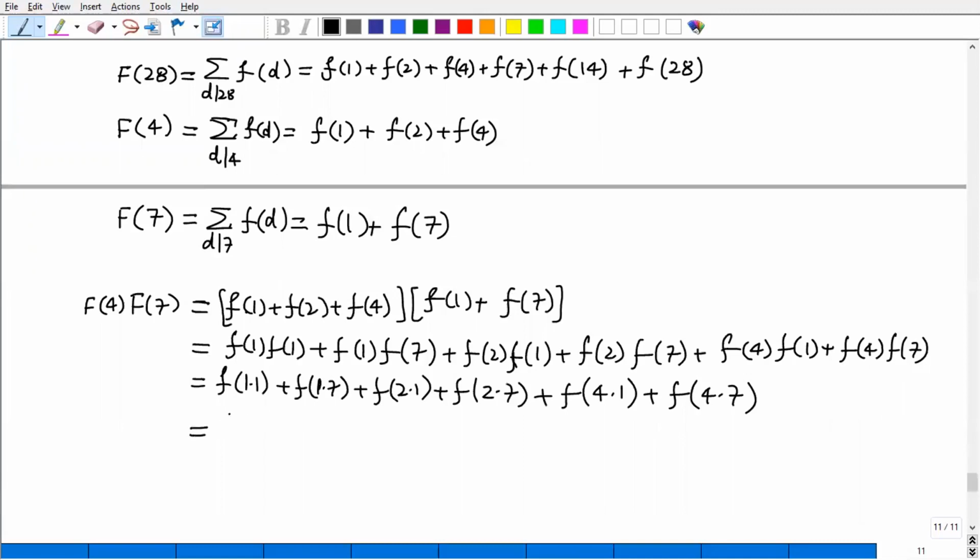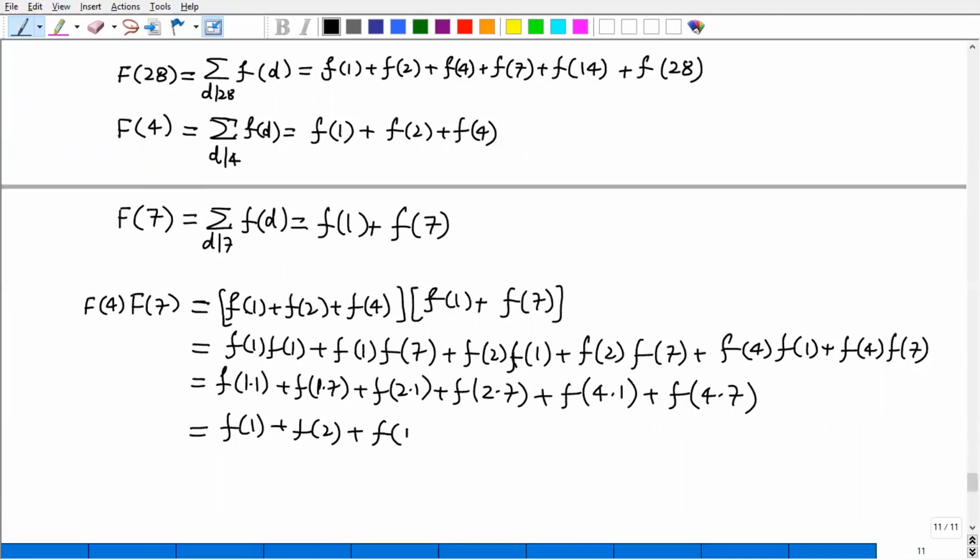Let me rearrange them as well. f of 2 times 1 is f of 2, so let me write f of 2 first. Then f of 4 times 1 is f of 4.